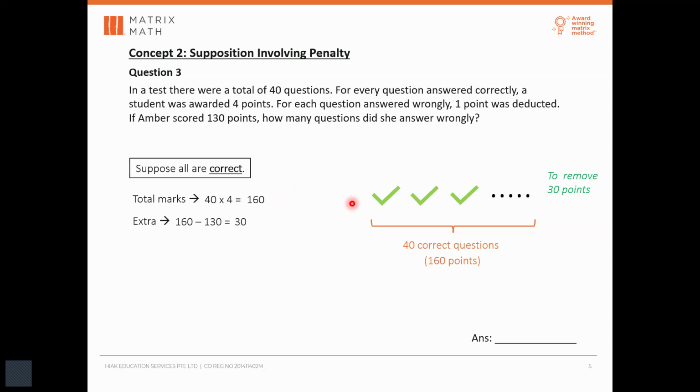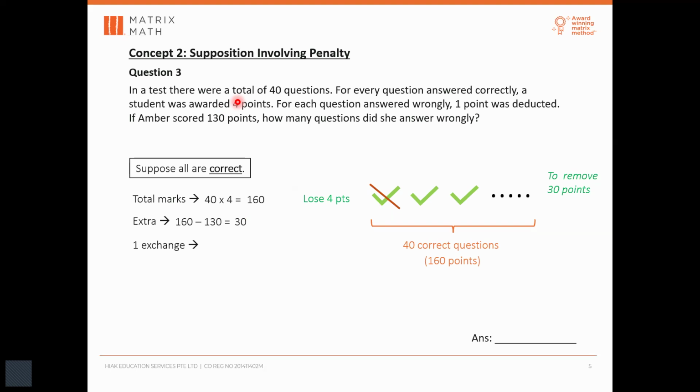If you need to remove points, it means you need to exchange, right? Not all of them are correct. There must be some wrong in this group of questions. So listen carefully, this part is slightly different. If you take away one question that is correct, you are actually taking away 4 points. You lose 4 points. I'm not saying that that's wrong, I'm saying that you're just taking out the correct one, which is worth 4 points.